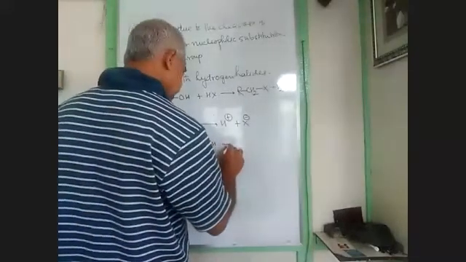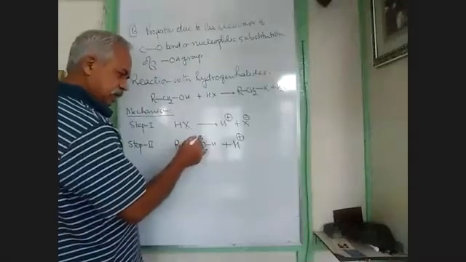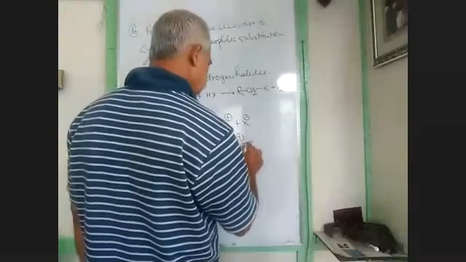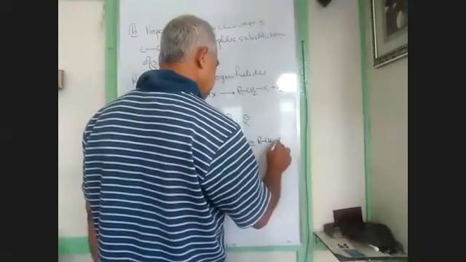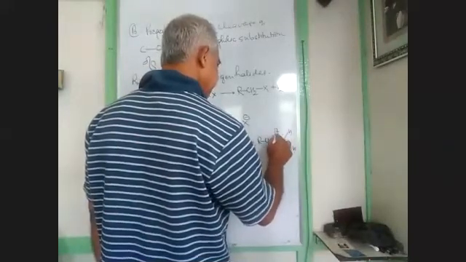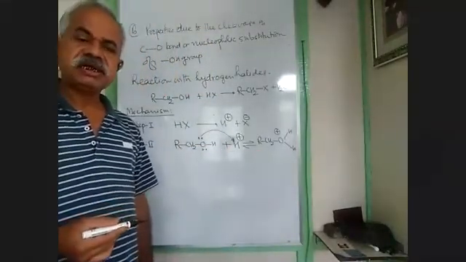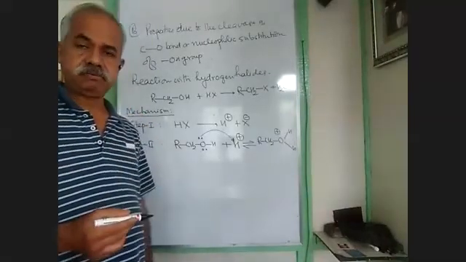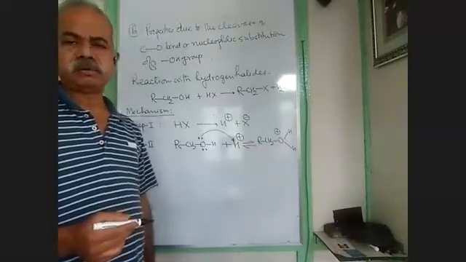Now this H plus will immediately accept this pair of electrons. So what you are going to get here is RCH2OH2 plus. This type of species, where oxygen attains trivalency, we call an oxonium ion.